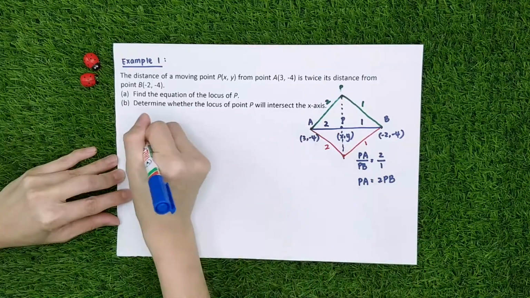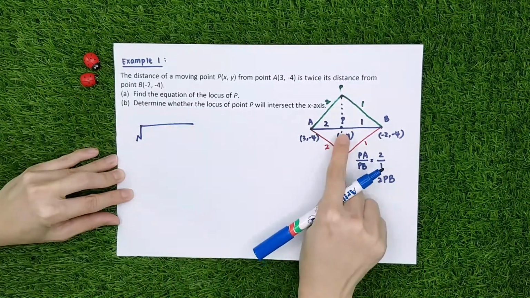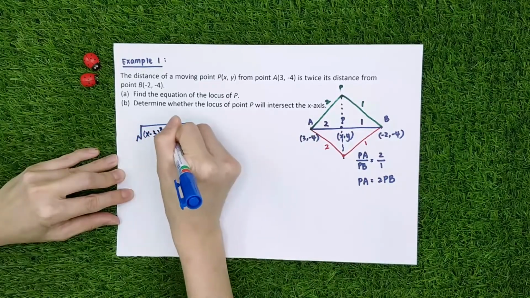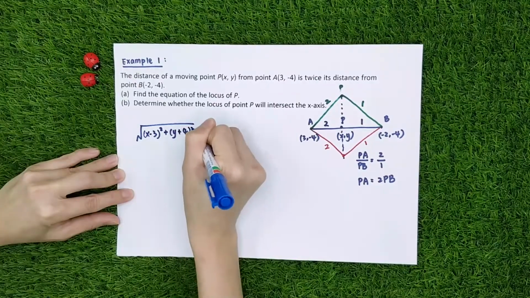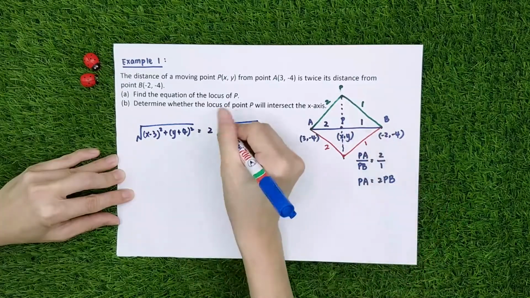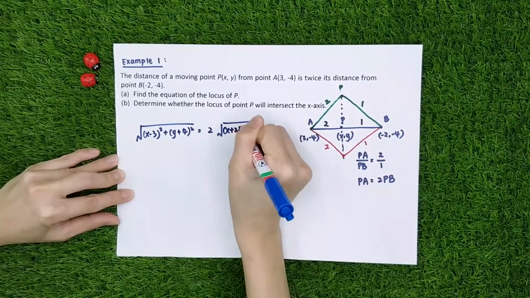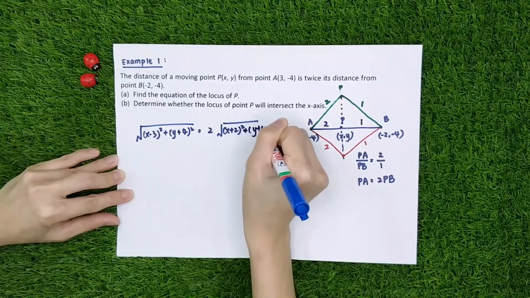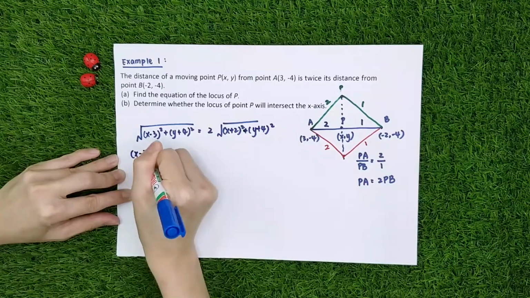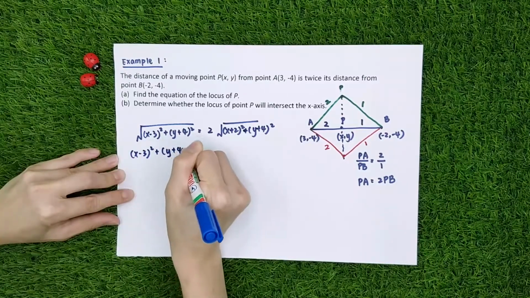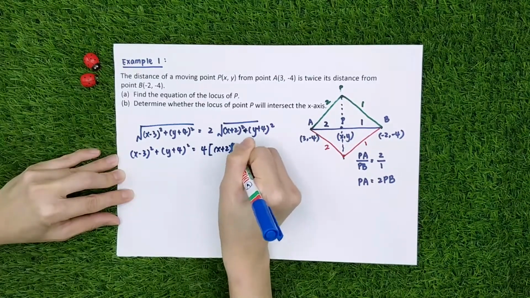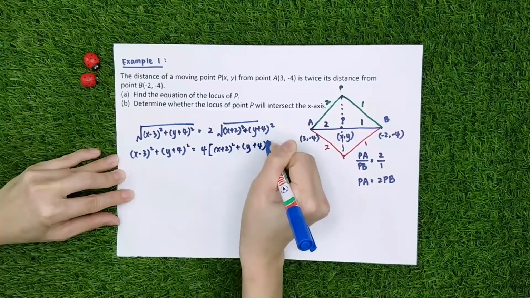The distance PA is equal to the square root of (x minus 3) squared plus (y plus 4) squared, which is equal to 2 times the square root distance between PB, so (x plus 2) squared plus (y plus 4) squared. So I will square both sides and it becomes (x minus 3) squared plus (y plus 4) squared is equal to 4 times (x plus 2) squared plus (y plus 4) squared.